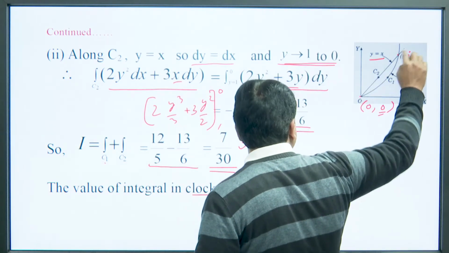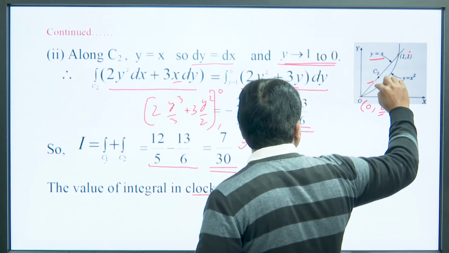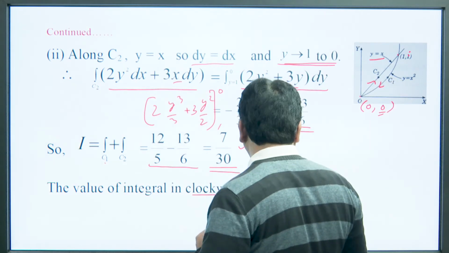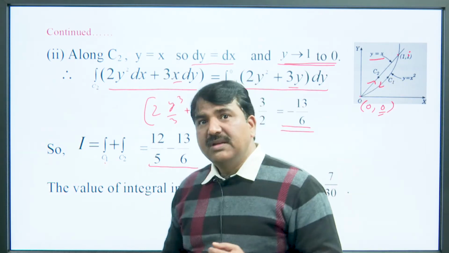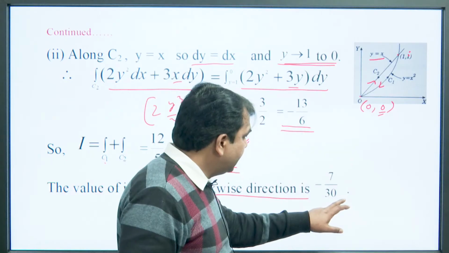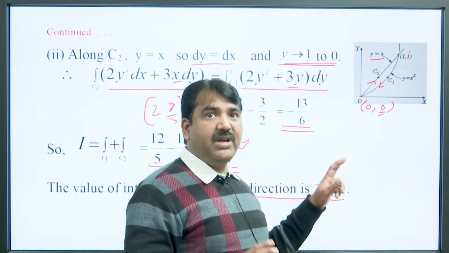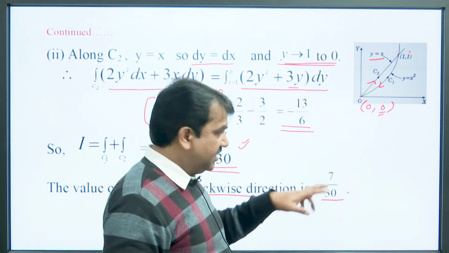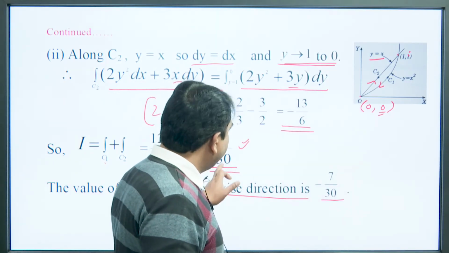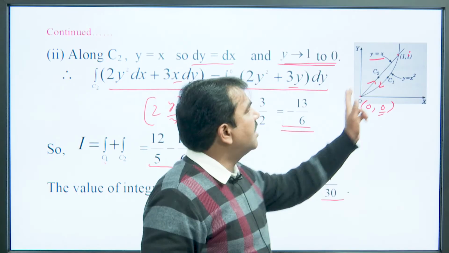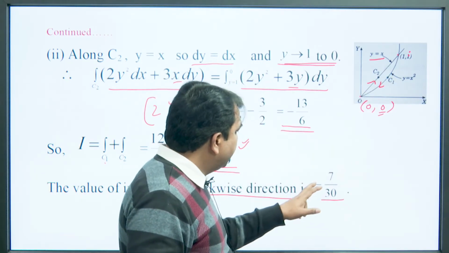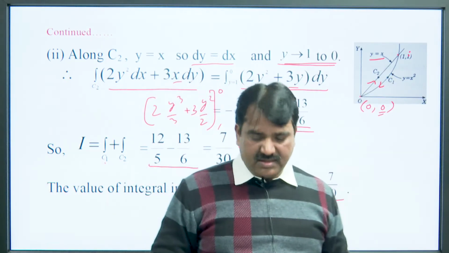If we change the direction, the counterclockwise direction, its value becomes minus 7 by 30. Just by changing the sign we can write the value in the opposite direction.